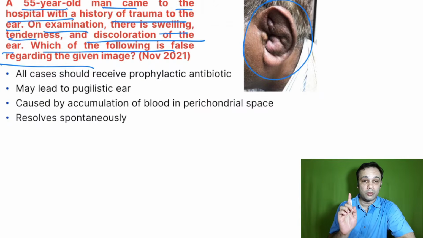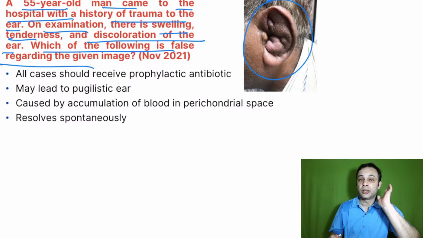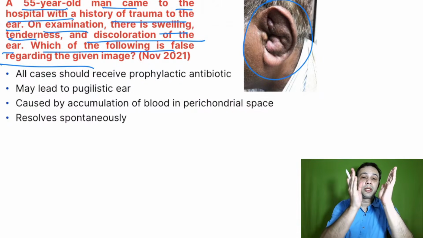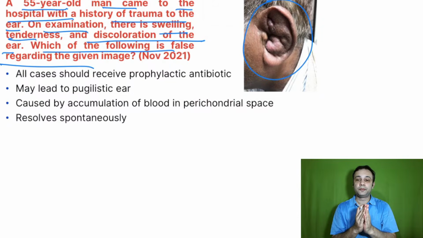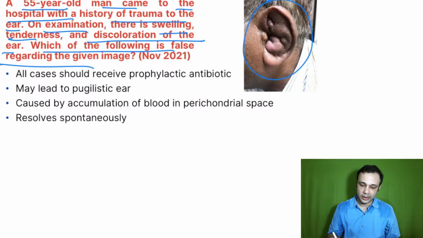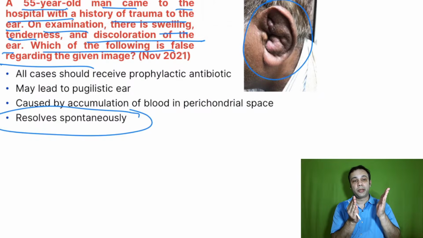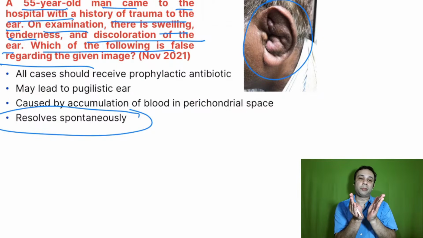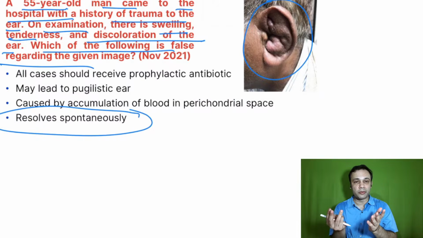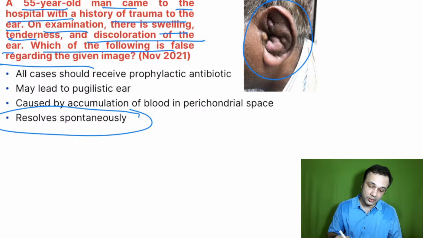The patient has undergone trauma, right? There is injury to the pinna. When there is injury to the pinna, the cartilage and the perichondrium can separate. Absolutely correct, stardust. Resolve spontaneously is the right answer, meaning it is the false statement. When there is separation of the cartilage and the perichondrium, the blood supply to the cartilage goes away. There is a chance of secondary infection because there is no blood supply.